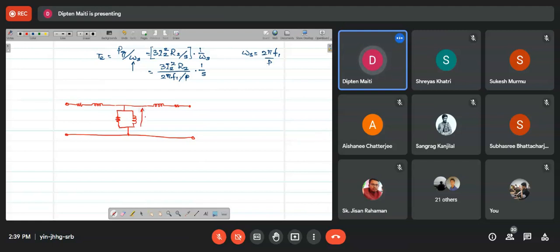Here we have the induced EMF, that is E1 dash, and the rest is R1, L1. Now what is the current I2?